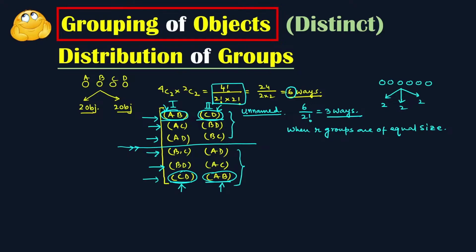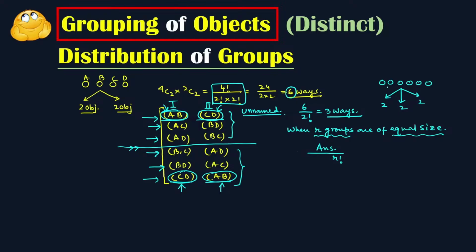But the only difference is that when the group sizes are equal, then we simply divide it by the number of equal groups. In this case, if I say that there are R groups of equal size, whatever answer we are getting, as we have done in the previous way, in this also we will do the same thing, but it will be divided by factorial R. Remember it that way.